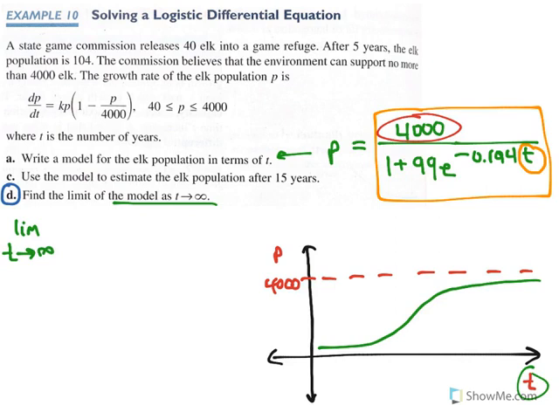So here's our logistic equation, 4,000 over 1 plus 99 times e to the negative 0.194t. So when you take the limit of this logistic equation as t goes to infinity, how would you do that?